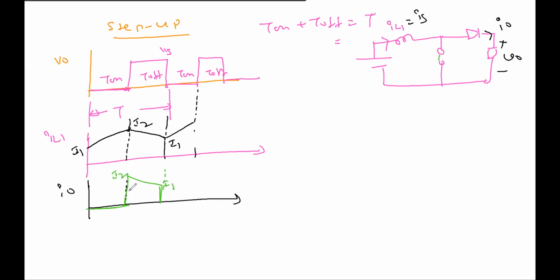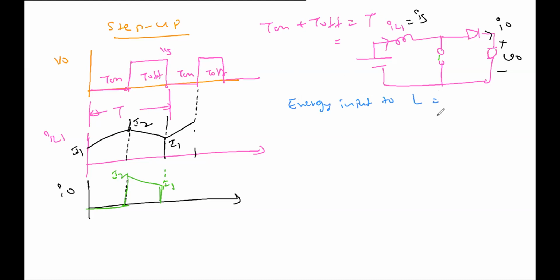That's what I'm saying. Now, to find the average output voltage, we are equating the energies of the inductor. So, for example, energy input to the inductor. We are talking about the inductor. Energy input to L, what will happen?